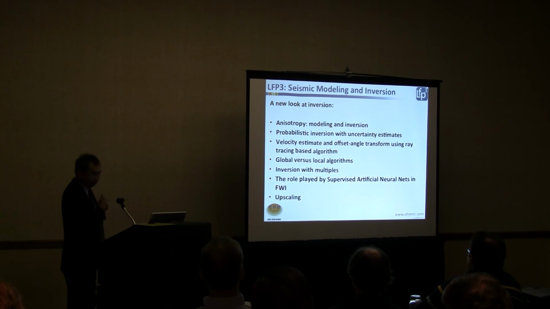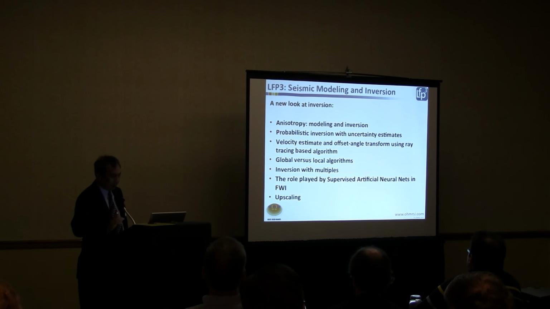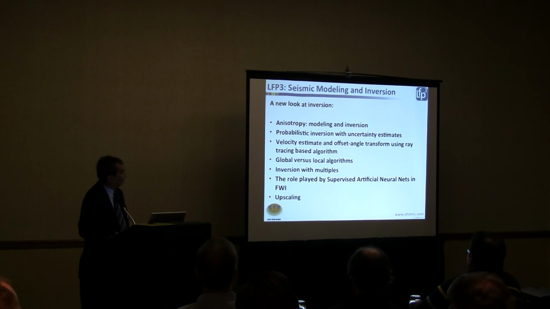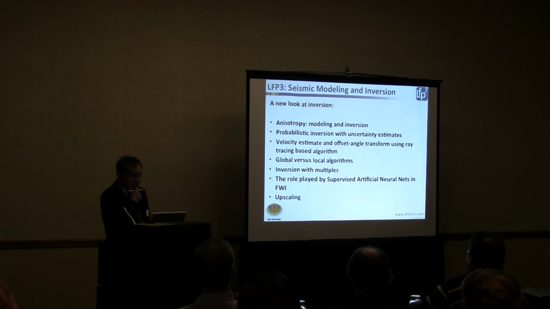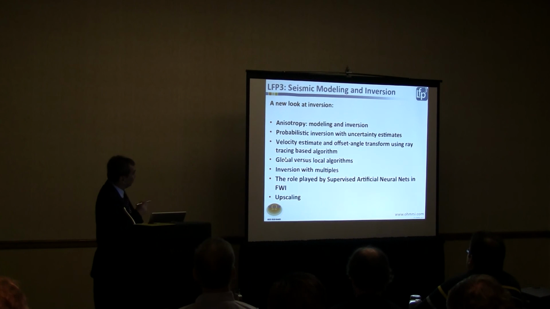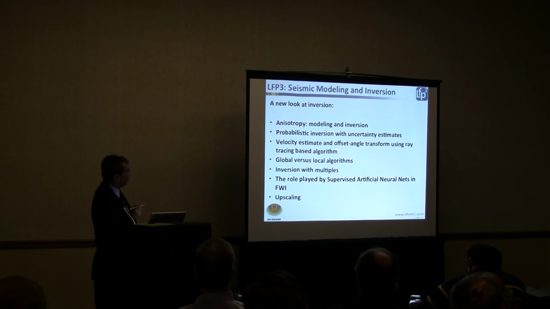Changing gear a little bit, in this P3, we're going to look a little bit more at inversion, which is really the theme. We're going to look at anisotropy modeling and inversion. We're going to try to think about some probabilistic inversion with uncertainty estimates. We're going to look at some offset angle transform.